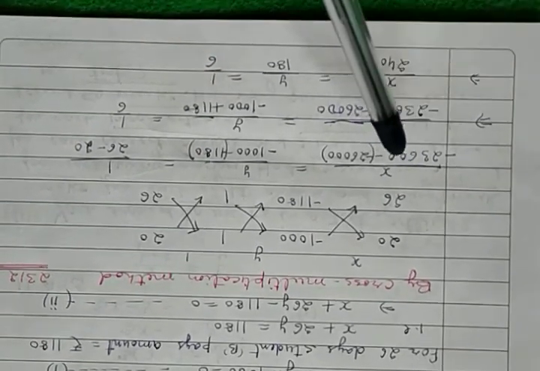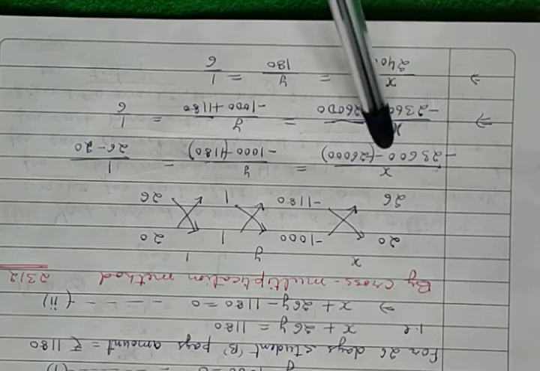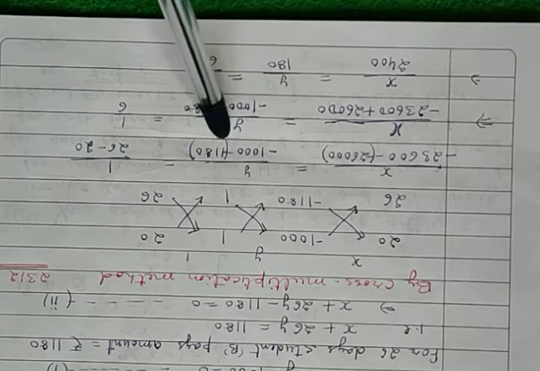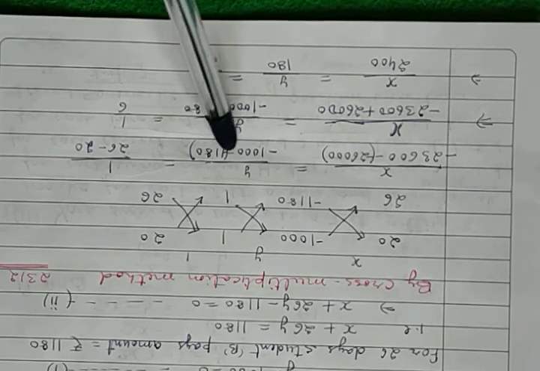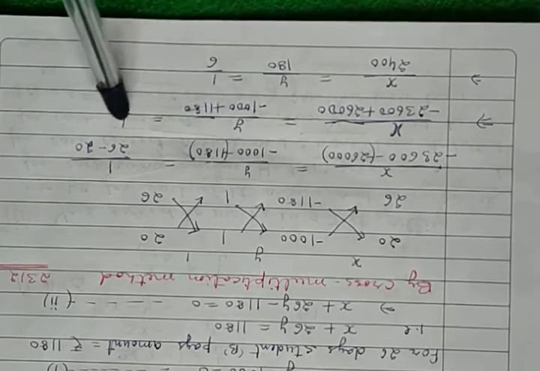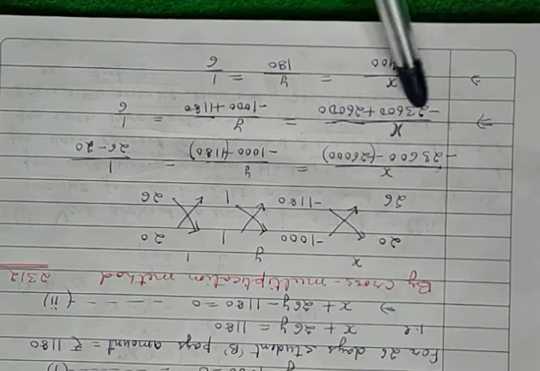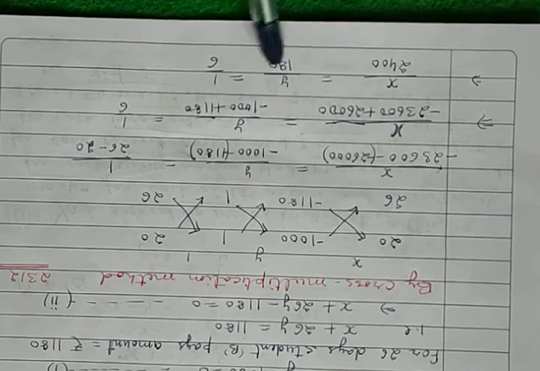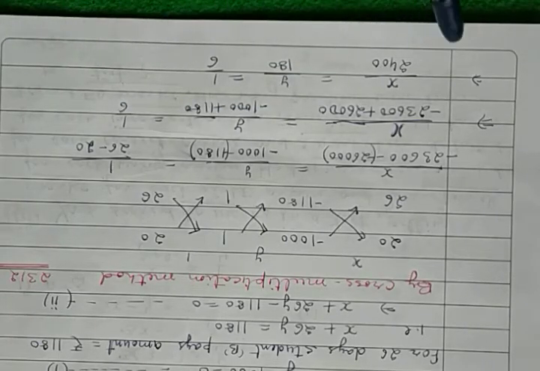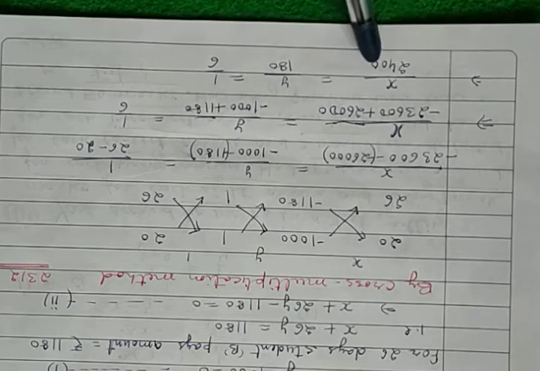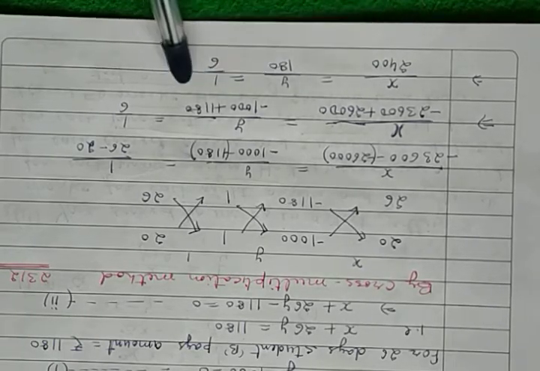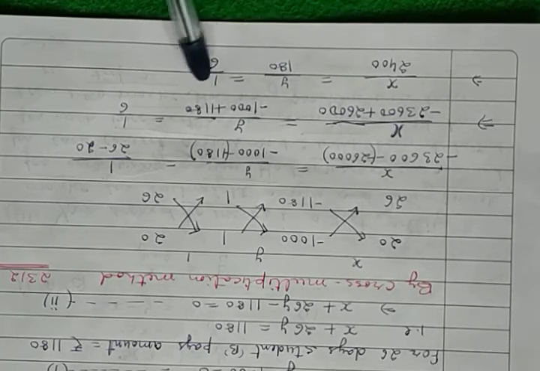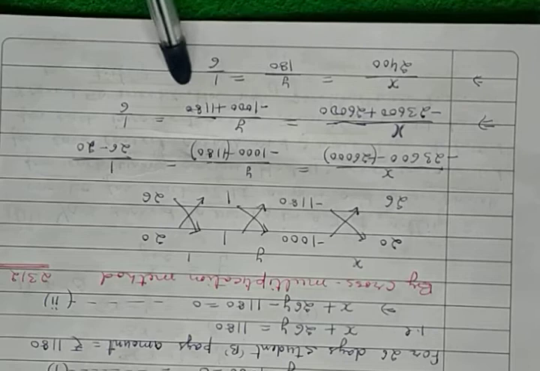X upon minus 23,600. Minus into minus is plus, there are 2 times minus into minus, plus. Opposite sign, x upon 2400, y upon opposite sign, subtract, 1 upon 6. Now if you want to find the value of x, it will multiply here, 1 upon 6 multiply 2400. If you want to find the value of y, 1 upon 6 multiply 180.